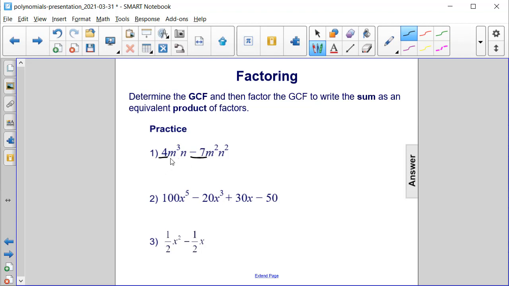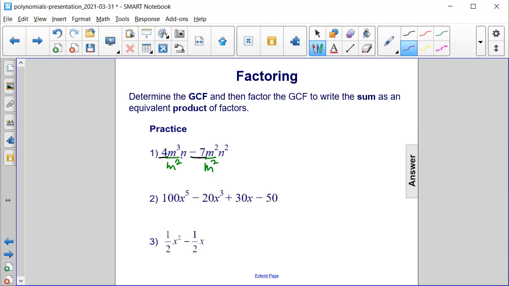Now let's look at our variables. We have m to the 3rd and we have an m to the 2nd. The lowest degree of the variable m is m to the 2nd. So we can divide both of these by that value. Now let's look at our n's.